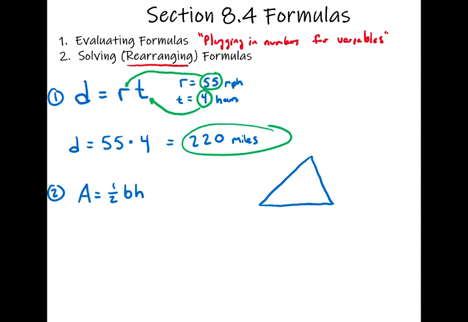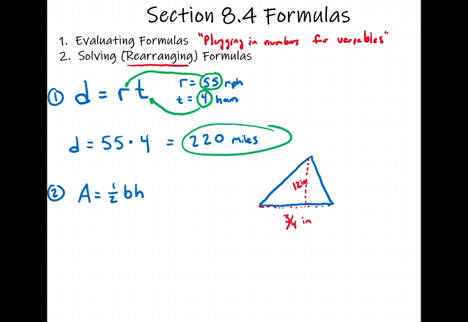So there's the triangle. Here's the height of the triangle. And here's the base of the triangle. So let's say we're given that the base, and this is not drawn to scale, but let's say the base is 3/4 of an inch, and the height is 12 inches.